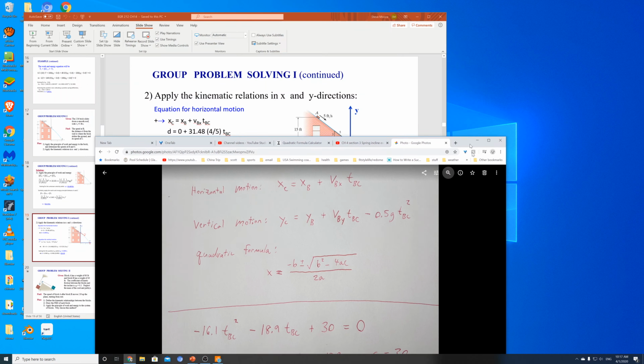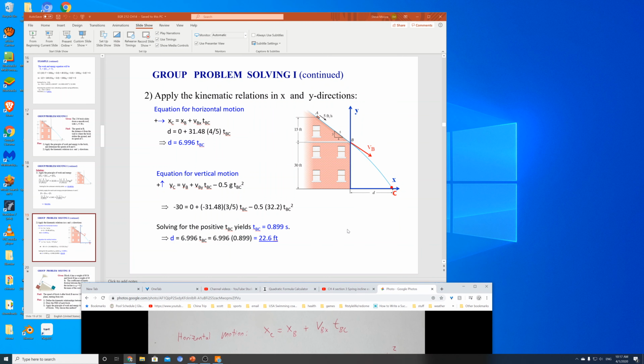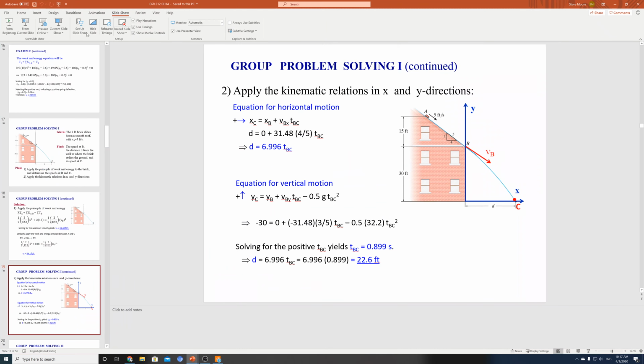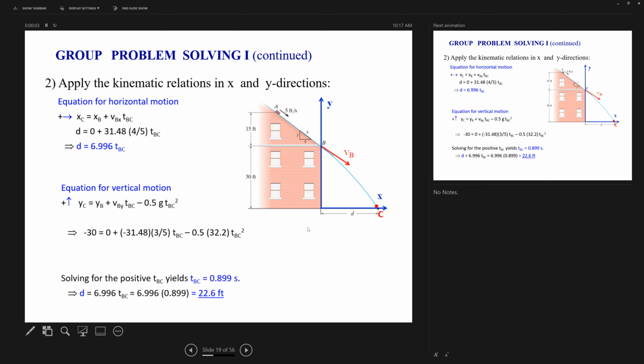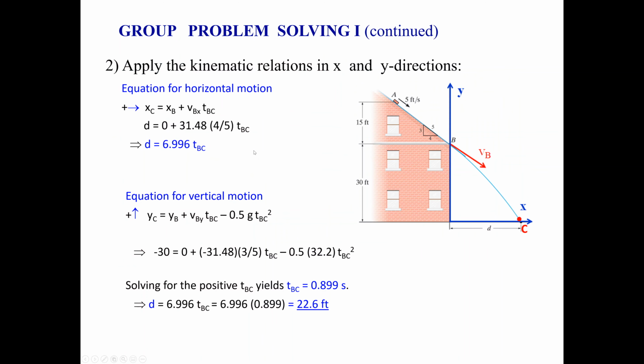So that was just using the equation for vertical motion and coming up with those coefficients. Then you can use the quadratic formula, and from there you can find TBC, take this value, plug it back in, and then solve for D. Okay, and that's it. It was 22.6 feet.